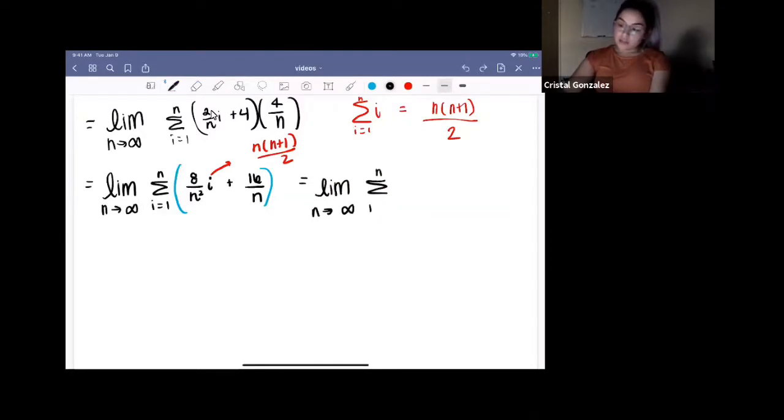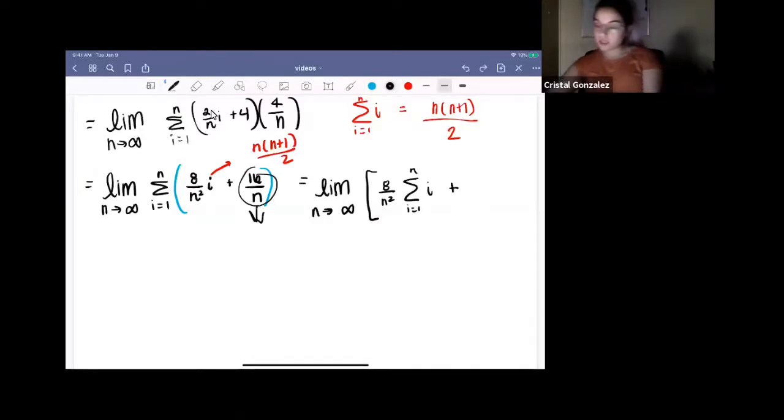Actually, let me write it like this. Since that 8 over n squared has nothing to do with i, I'm going to pull that out of the first summation, times the sum of i equals 1 to n of i, and then plus the sum of i equals 1 to n of 16 over n.